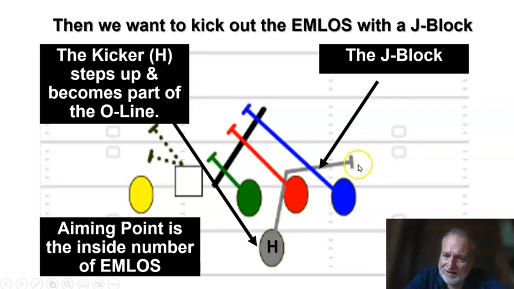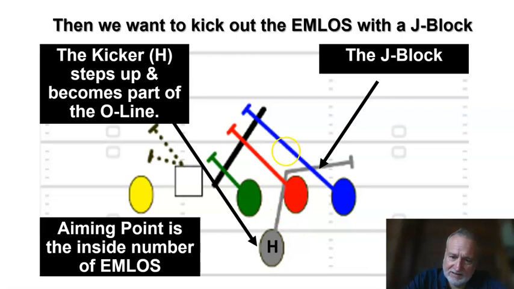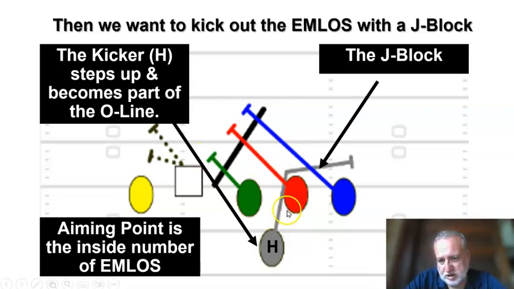The J block is trying to get right in here, and I'll get more specifics on that. But he steps up 2 steps, and becomes a part of the line. Step up with the outside foot, inside foot, then push off and kick out the inside hip or inside number of the MOL, the defensive end man on the line of scrimmage.